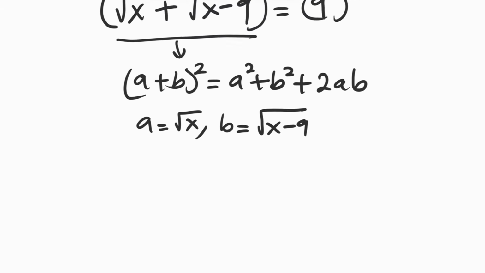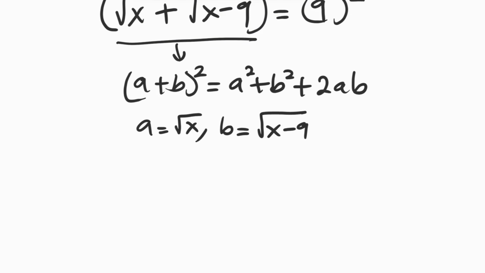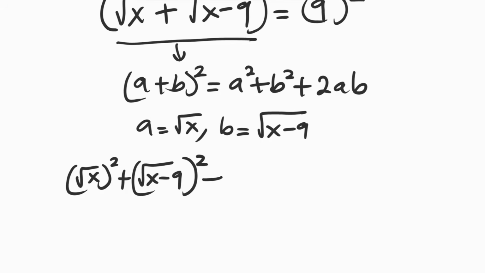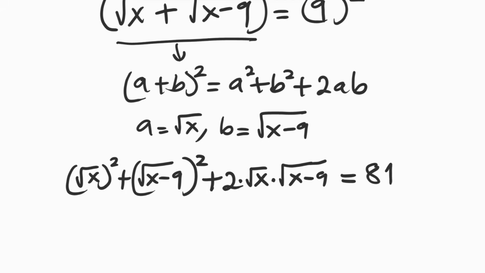So now the left hand side becomes root x all squared plus root of x minus 9 all squared plus 2 root x minus 9 equals 9 squared, which will give us 81.